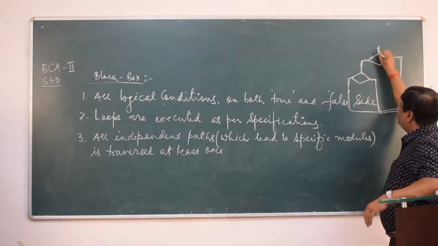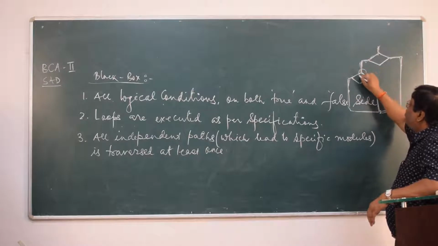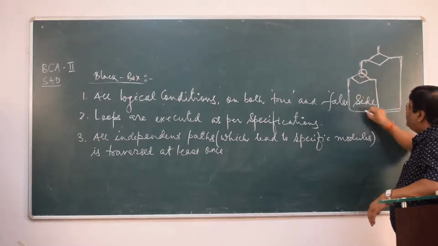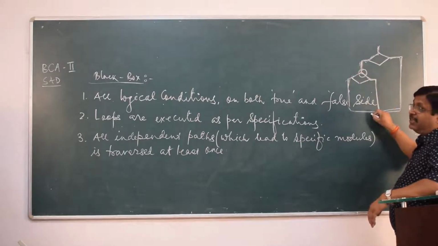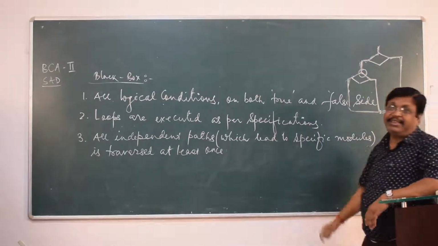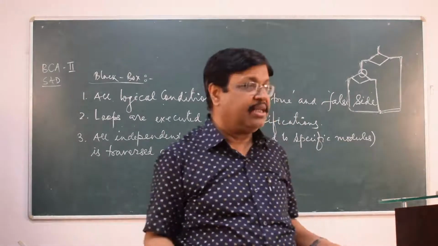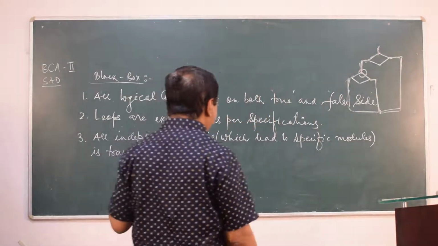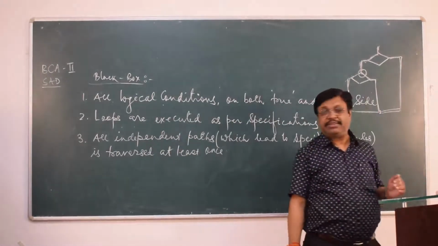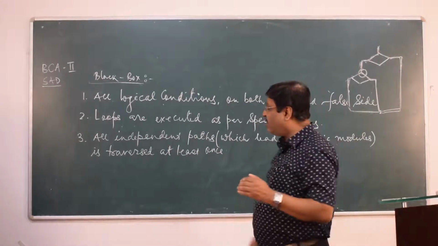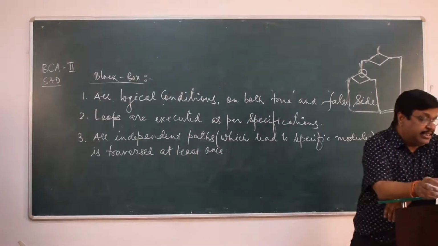Say control never comes to this path, it means the condition is useless, and the statements written for this branching are also useless. This increases the execution time and the total length of the program, and execution of the total program becomes delayed. So all the independent paths in the program are tested.